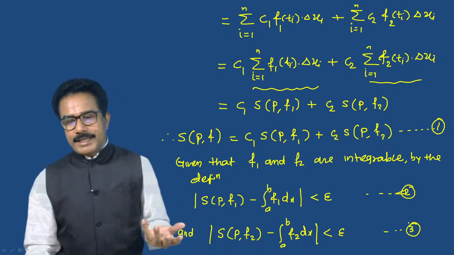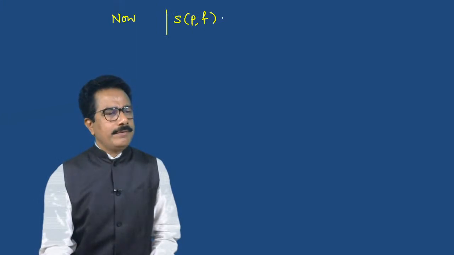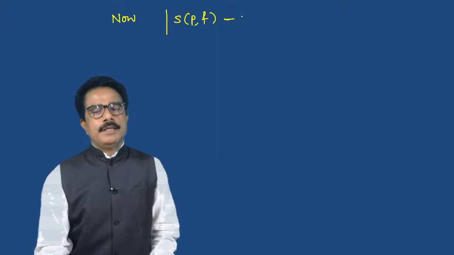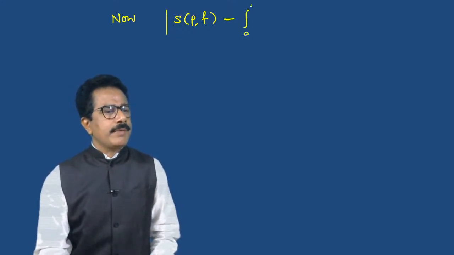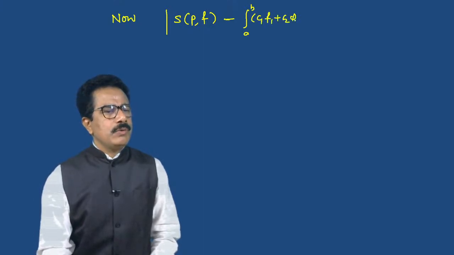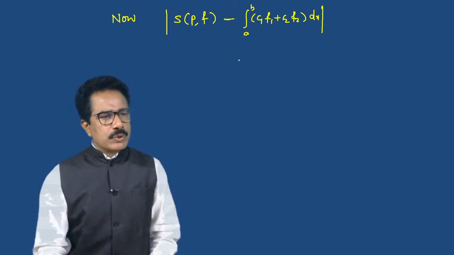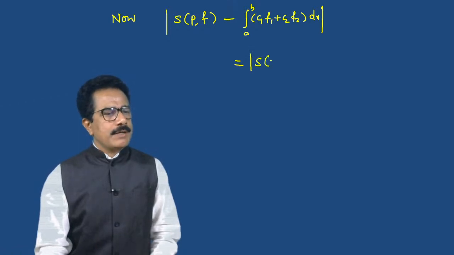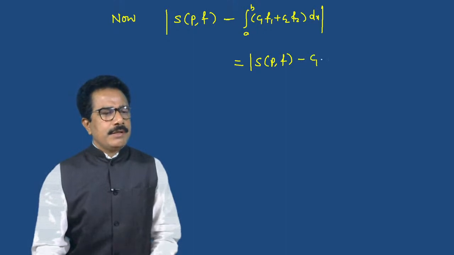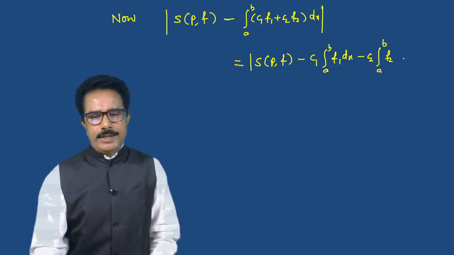But we know that f1 and f2 are integrable, c1 and c2 are constants, so we can write: therefore now, mod of S of P comma f minus integral from a to b c1 f1 plus c2 f2 dx, which is equal to mod of S of P comma f minus c1 integral from a to b f1 dx minus c2 integral from a to b f2 dx.